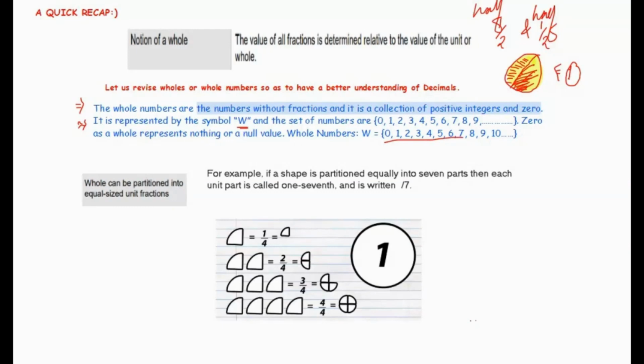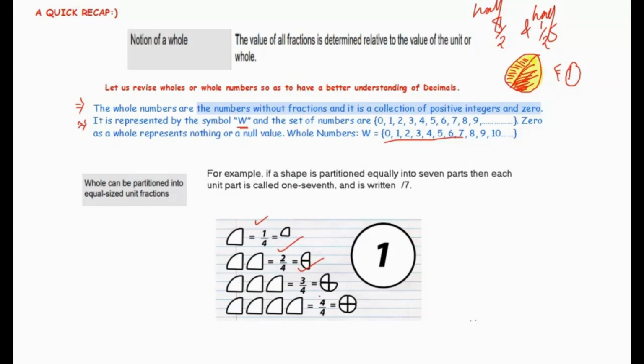Whole numbers can be partitioned into equal sized unit fractions. Like you can see here 1 upon 4, 2 upon 4, 3 upon 4, 4 upon 4.